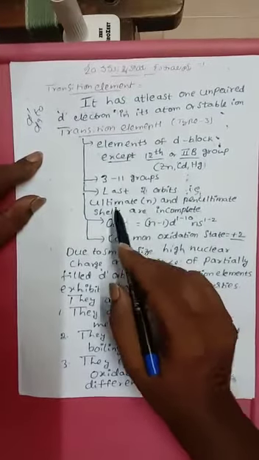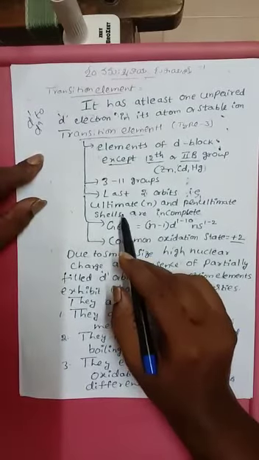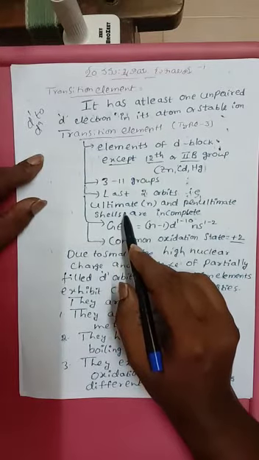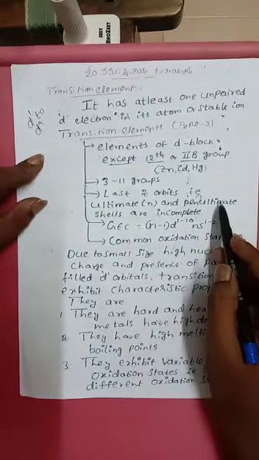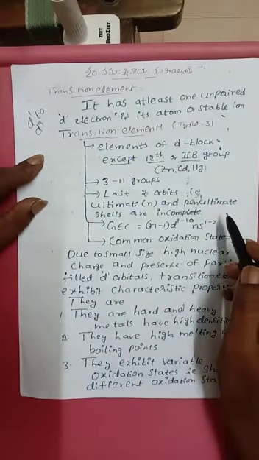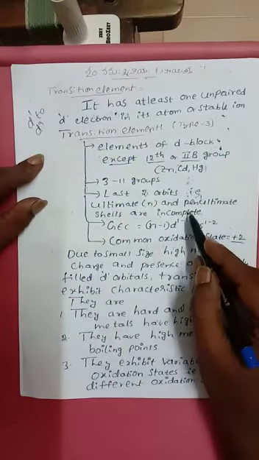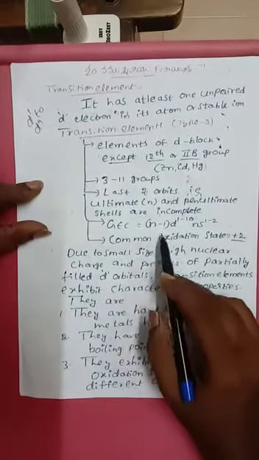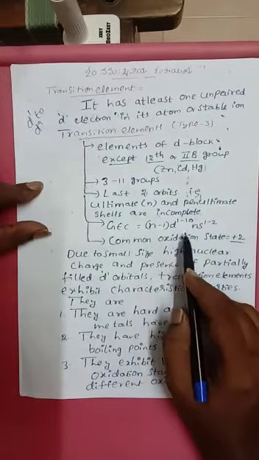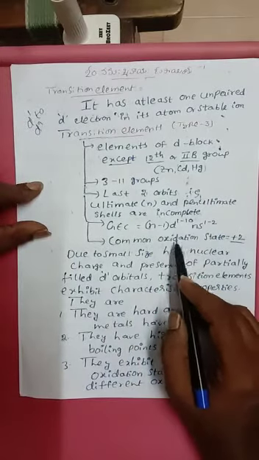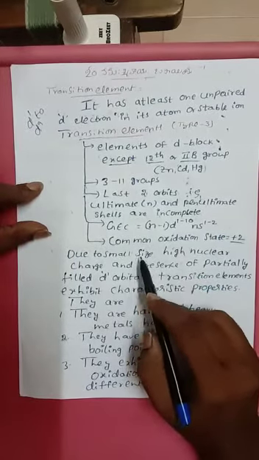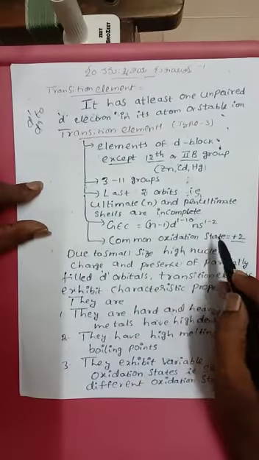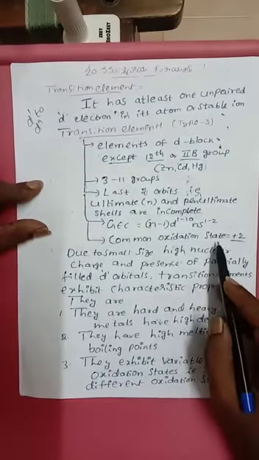In these elements, the last two orbits, that is the ultimate orbit, meaning the outermost orbit, and the penultimate orbit, which is n minus 1, both are incomplete. Their general electron configuration is (n-1)d 1 to 10, ns 1 to 2 as d block elements. So as they have 2 electrons, they can lose 2 electrons readily.